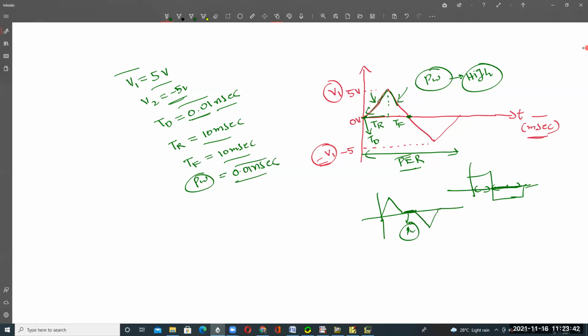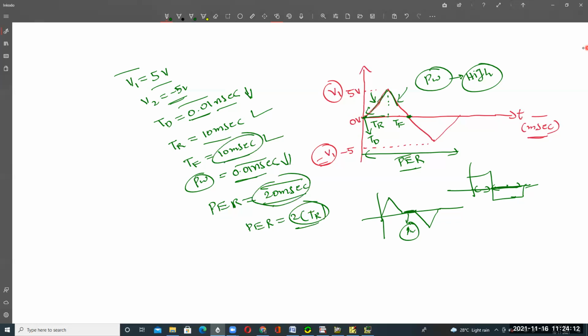The rise time and fall time must be high, and the pulse width and delay time very small. Then the pulse repetition, PER, is 20 milliseconds, approximately 2 times the rise time or fall time, here 10 milliseconds.